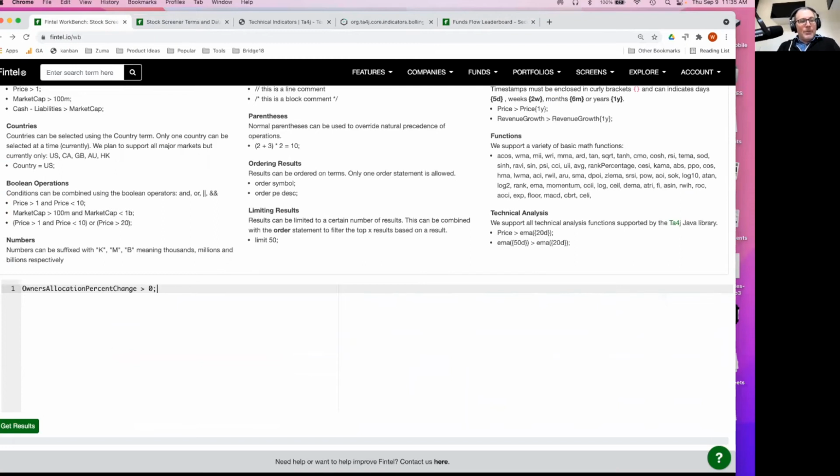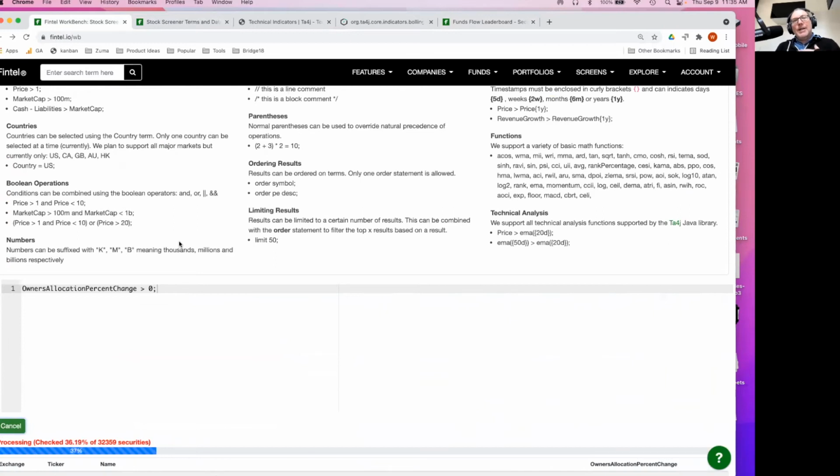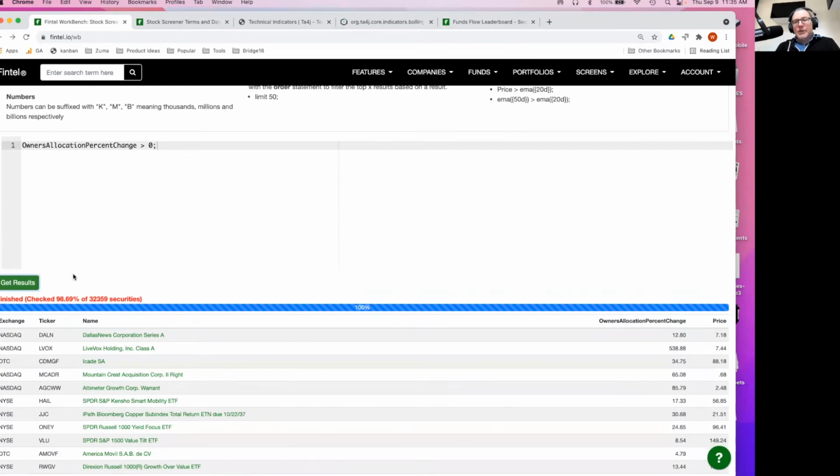I'm going to find all the companies where the average of the change in fund allocation is greater than 0. I'm sorry, these are all stocks that have had some kind of increase in allocation from one quarter to another. I hope that answers your question, Preet.